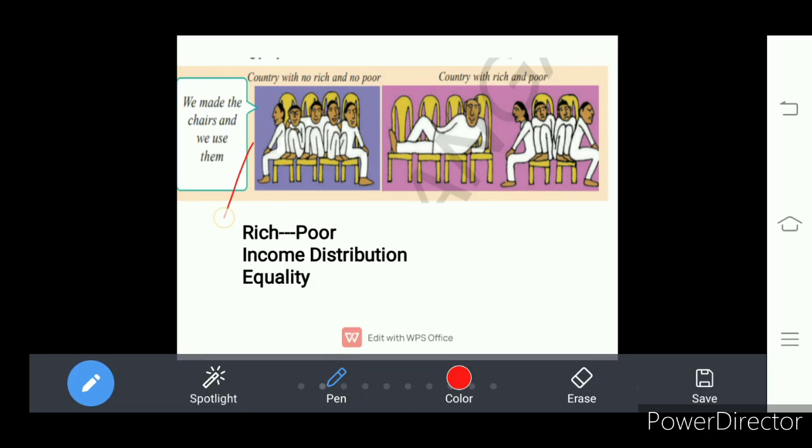Which one? HDI. What is meant by HDI? Human Development Index. It is not one indicator, it is a composite indicator. It means that it consists of various indicators, in which we find per capita income, we find education, we find the health status of the people. So later the new indicator is taken for measuring human development, that is what you call HDI.